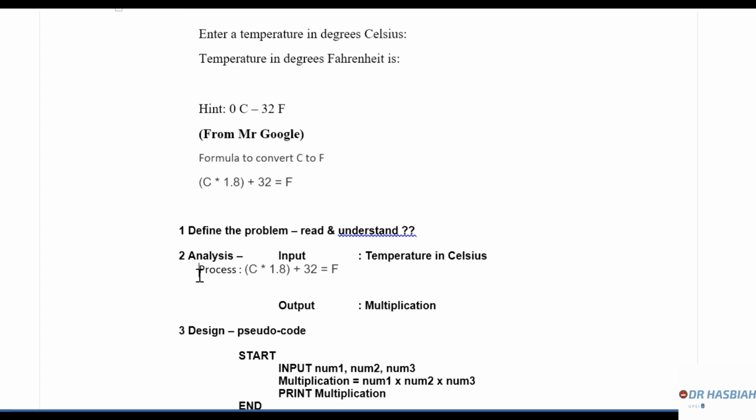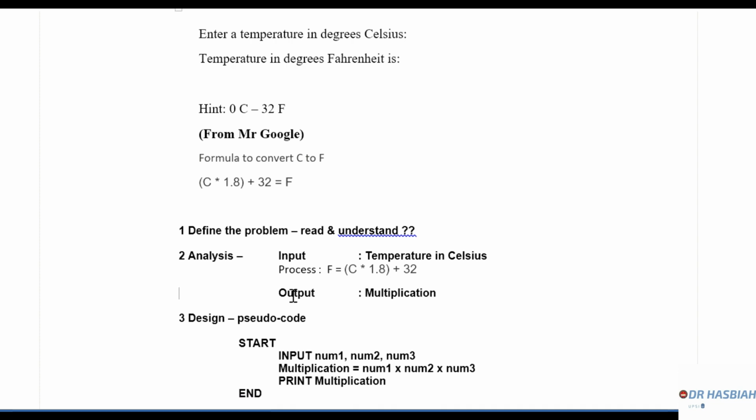I just change a little bit: F equals C times 1.8 plus 32. So I delete the F here. So you have the formula: F equals the C that we have entered, times 1.8, and then plus 32. I get this from Mr. Google. Then we want to produce the output here.